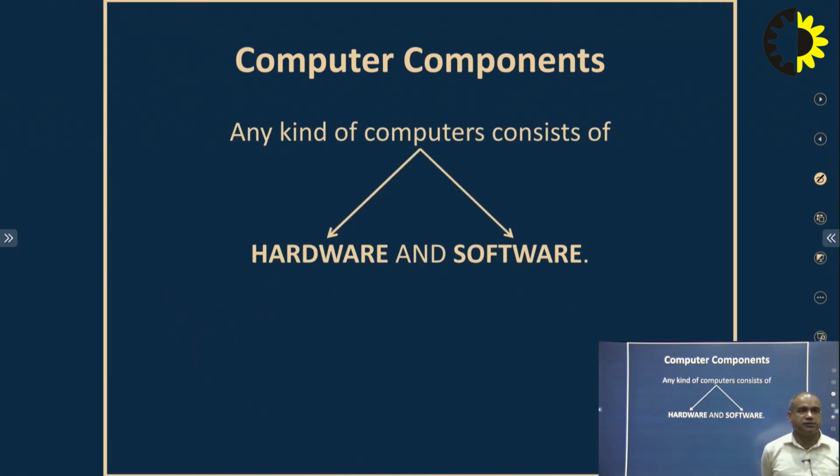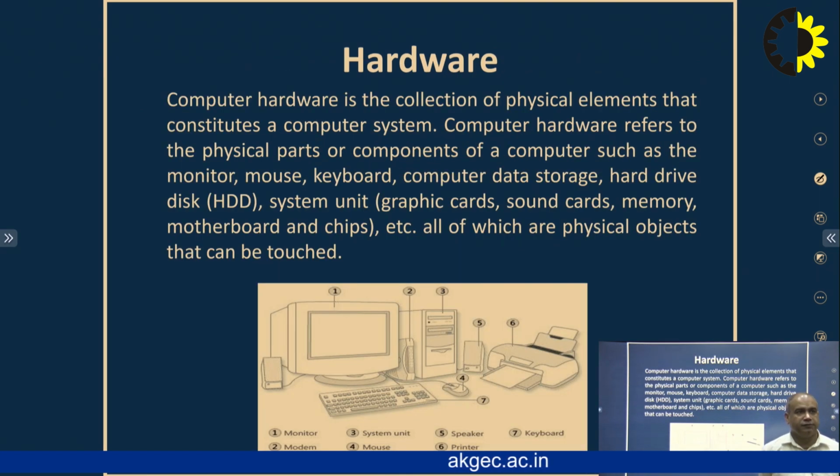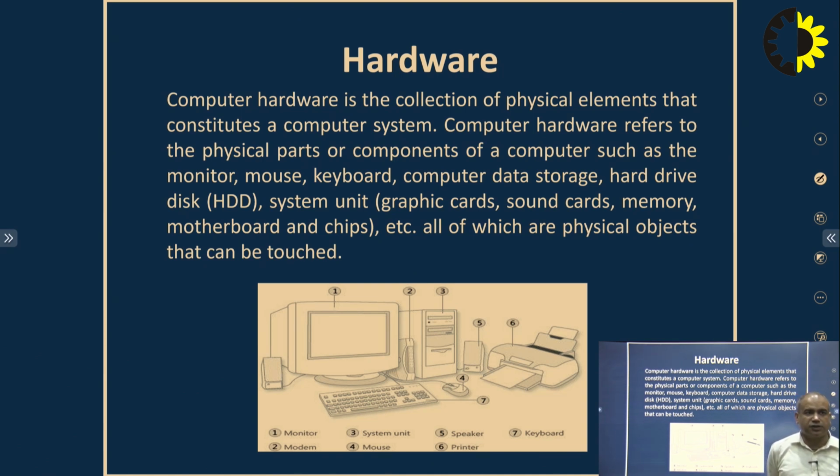Next, we talk about the computer components. Any kind of computer consists of two things: hardware and software. Hardware, in simple terms, is what we can feel and touch. Computer hardware is the collection of physical elements that constitute a computer system.